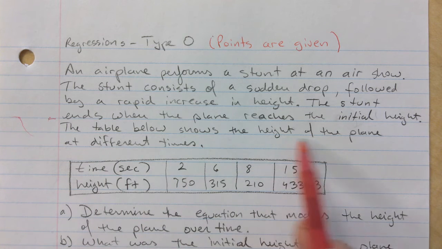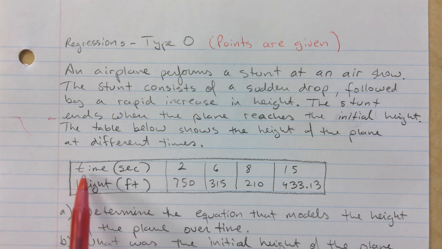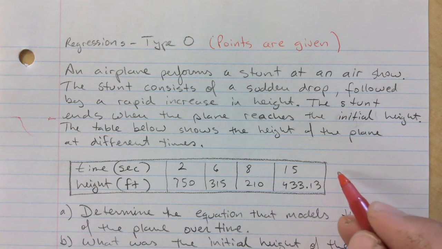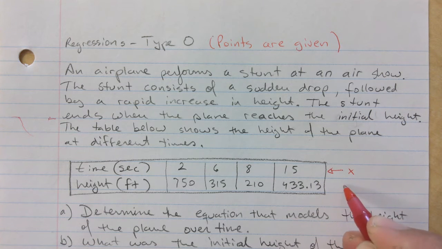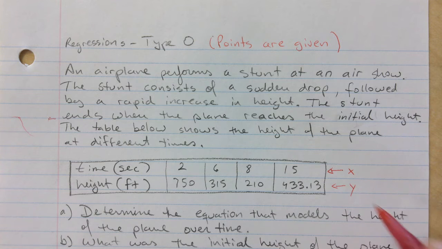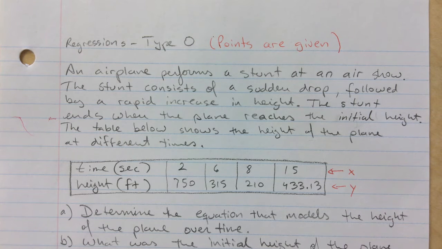The table below shows the height of the plane at different times. So you've got time and height. And I can guarantee you that the first one will always be x and the second one will always be y. On a table, the first row is always your x values, your second are always your y values. So you don't have to fear that.